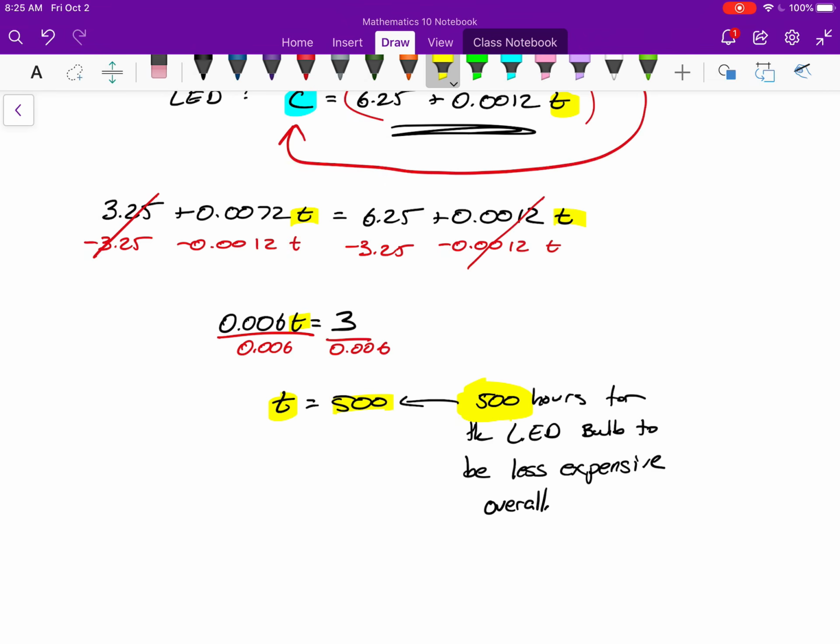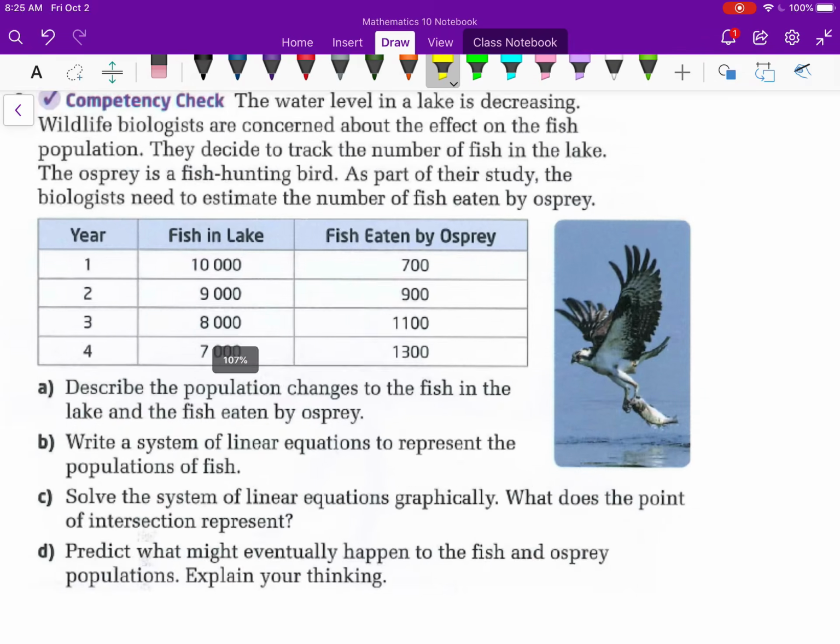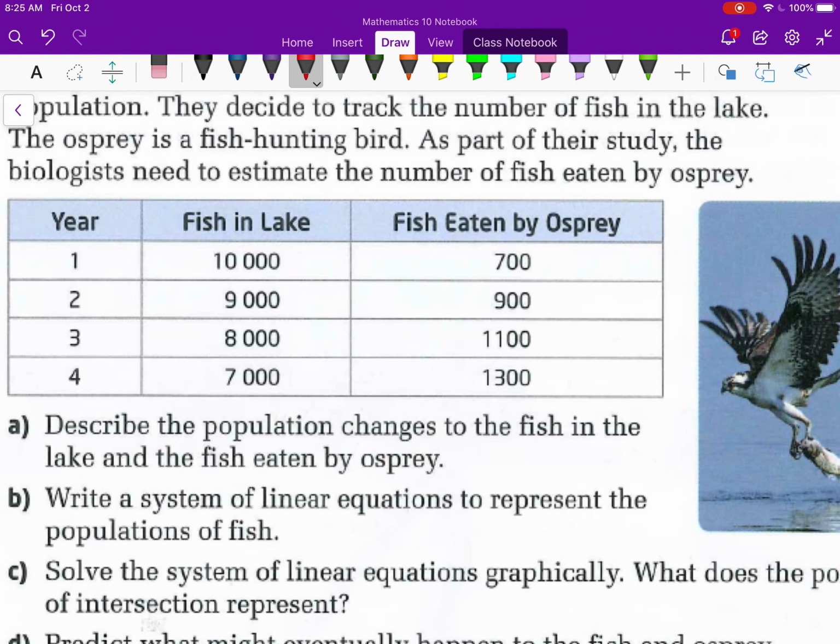All right, the last question I'm going to work through is question 9. There's that bell. And so for this, I have a table. And they're looking at year after year how the population of fish in a lake compares to the population of fish being eaten by osprey, a type of bird. And hopefully the pattern's fairly clear.